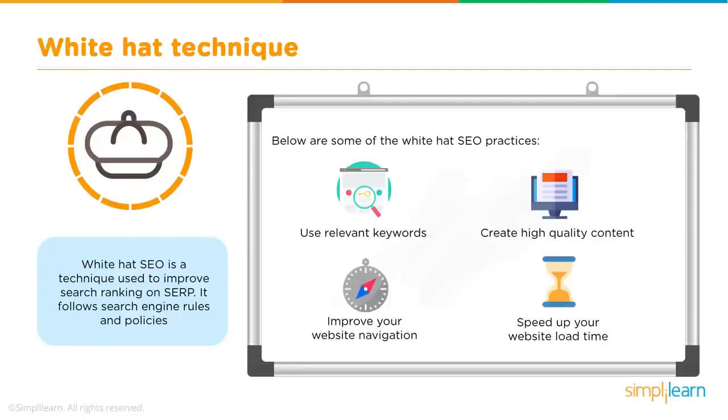All of those are white hat techniques. Addressing page load time, using really relevant keywords naturally in your content, and creating high quality content that's fresh and interesting for the end user. That's a white hat technique that's going to get you ranked higher and farther and with better benefits.